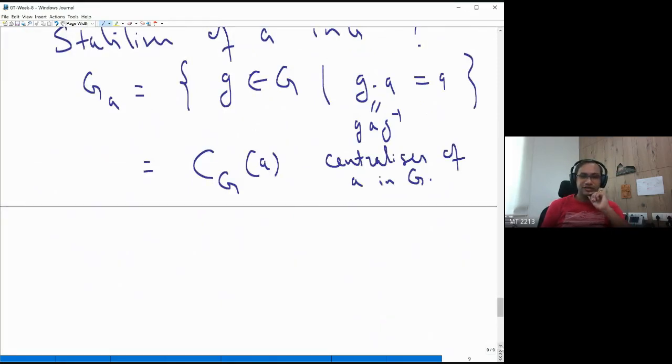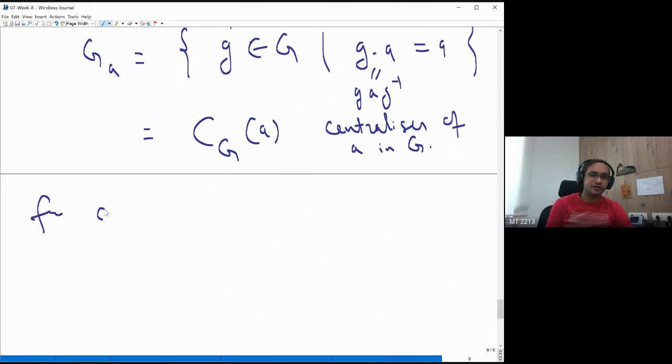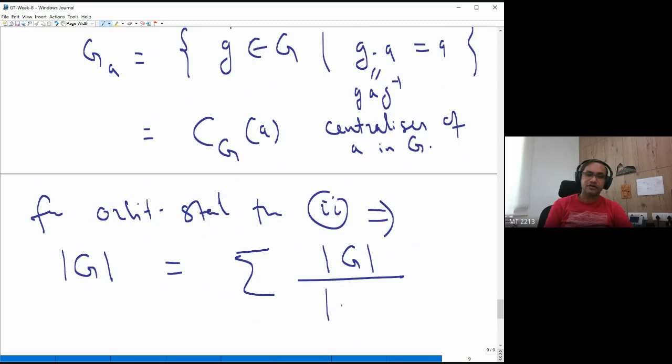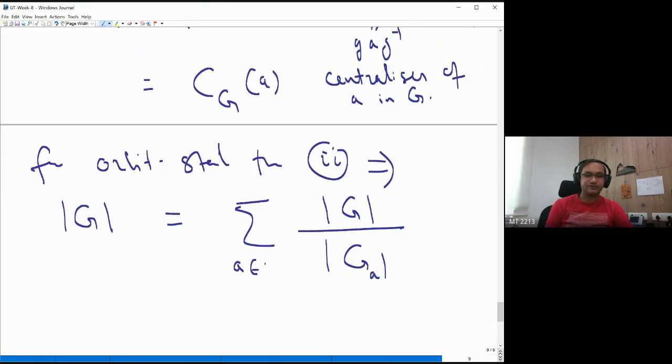So now we apply the orbit stabilizer theorem, part 2, which implies that the size of G is the summation over A of the size of the group G divided by the size of the stabilizer G_A, where A runs over representatives of the set A mod G. And the set A mod G is the conjugacy classes here.